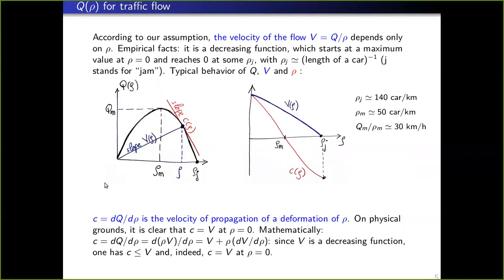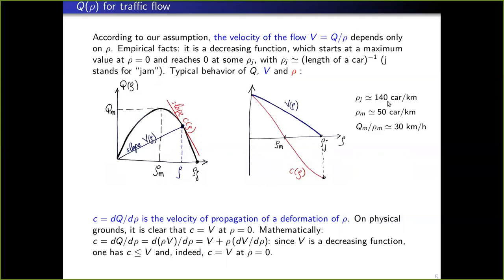And people have measured how they behave. All this started in New York, where they had huge traffic jams under the Lincoln Tunnel that goes under the river. What's the name of the river? I forgot. The Hudson. And typically one gets rho j, which is about 140 cars per kilometer.